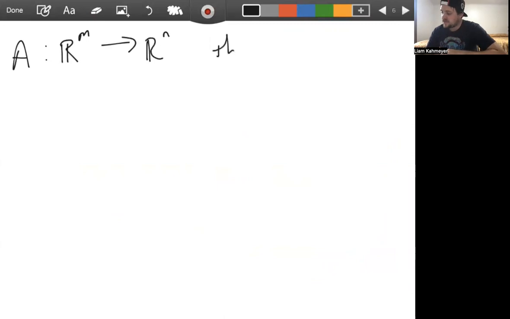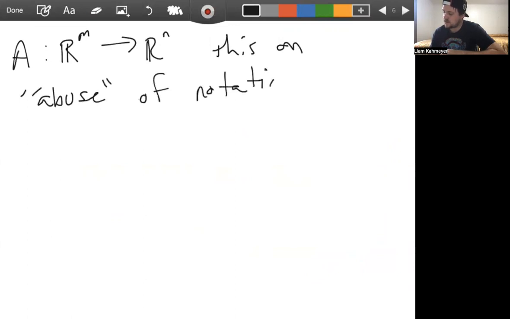I've been abusing notation here. To say that A is a function from Rm to Rn is an abuse of notation, meaning it can be understood, but it may not be mathematically rigorous, right?